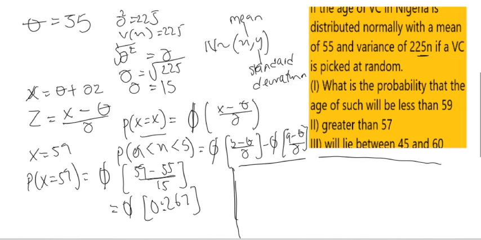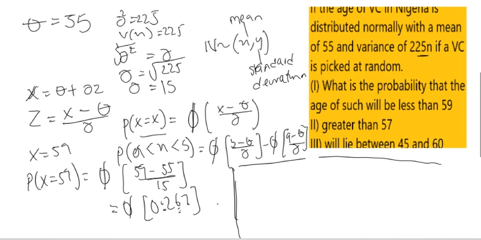Just like the way you do log reading, you go to 0.2 under 6 and difference 7. You check the value under 6, then you go for the difference 7, then you add the value of that difference to this. All right, let me just quickly get it.